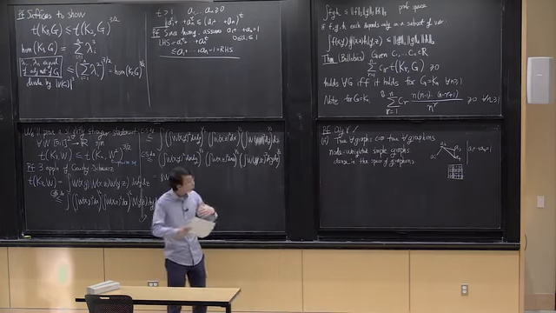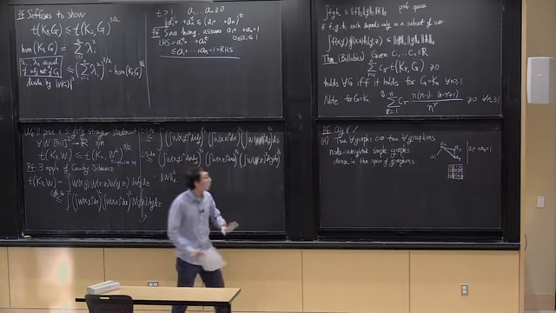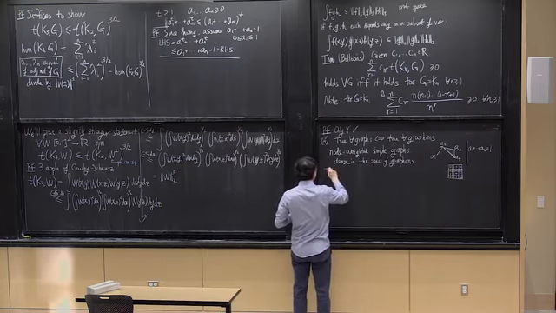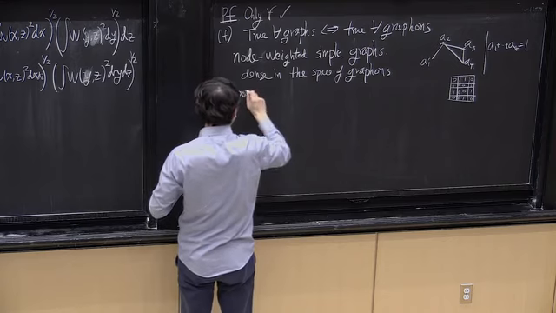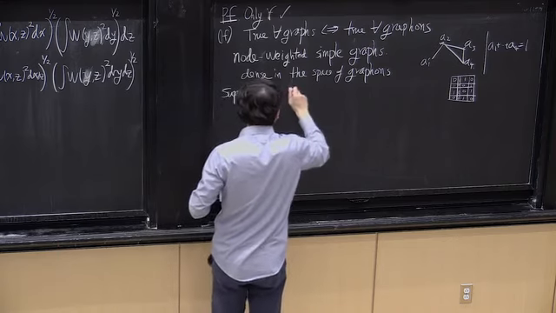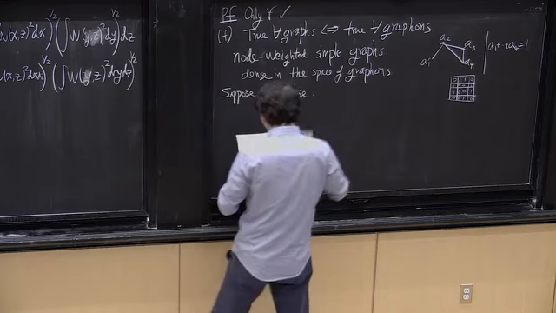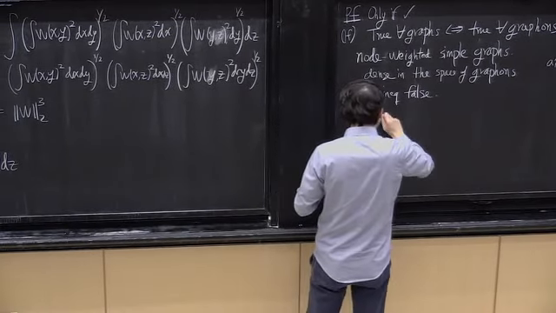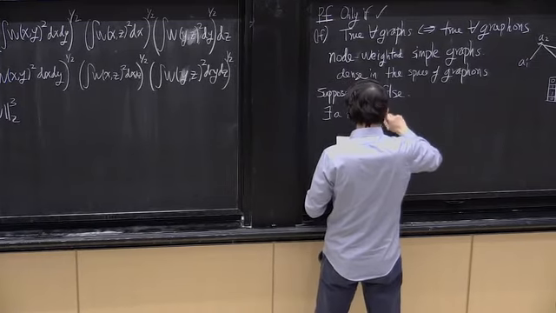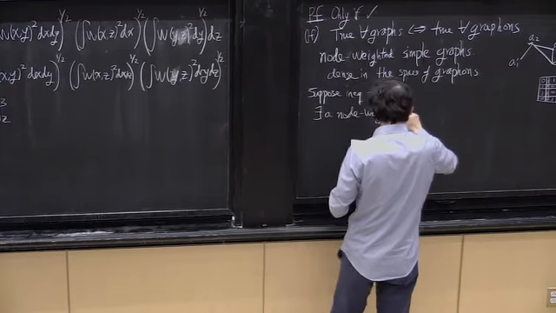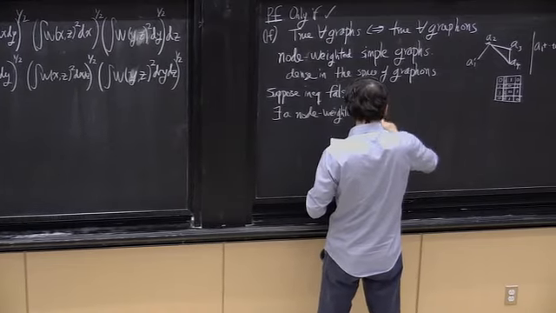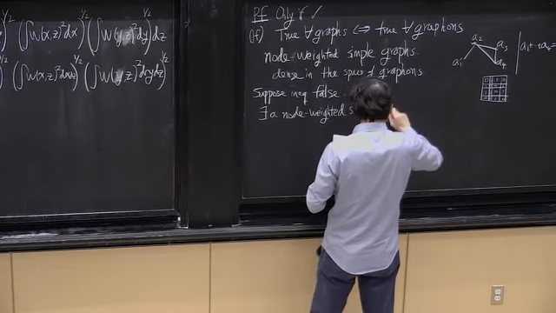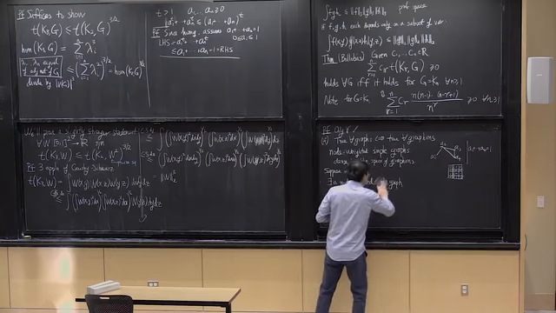But for this space of graphs, suppose that the inequality fails. Suppose the inequality is false. Then there exists a node-weighted simple graph. I'm going to actually drop the word simple from now on.